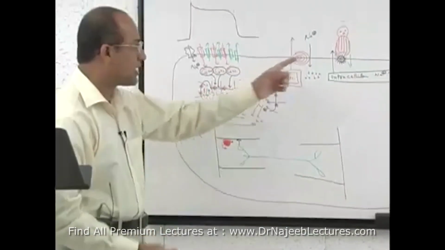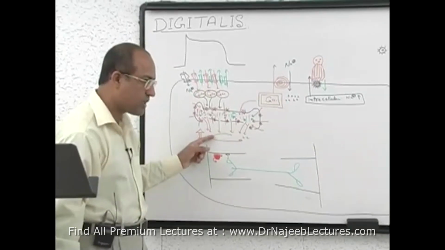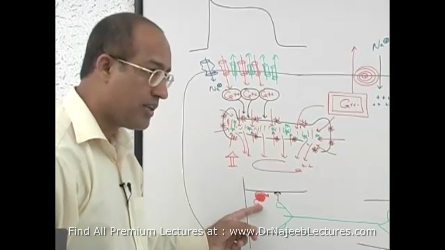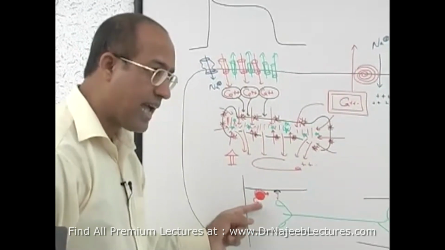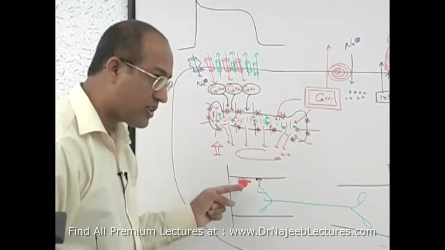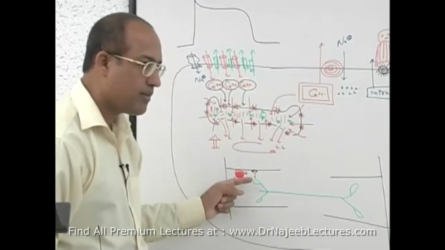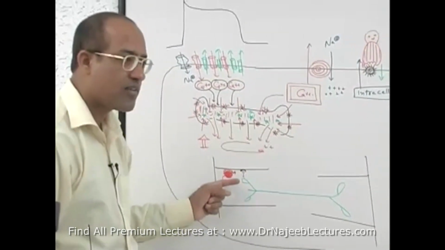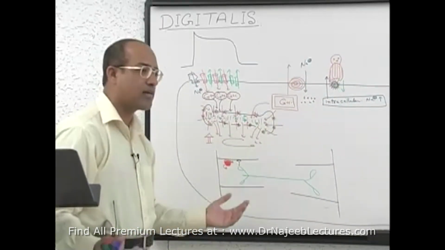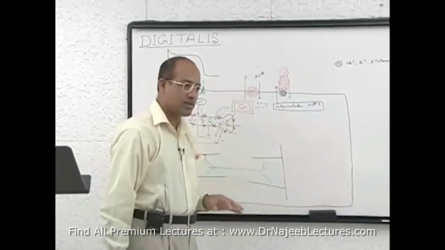So whenever digitalis leads to more calcium loading and more calcium release during every systole, more calcium acts on the troponin, causing extra changes in the tropomyosin, and there will be better interaction between the actin-myosin filaments, and that will lead to better contraction. And when there is better contraction, we say there is positive inotropy. So this is how digitalis works.